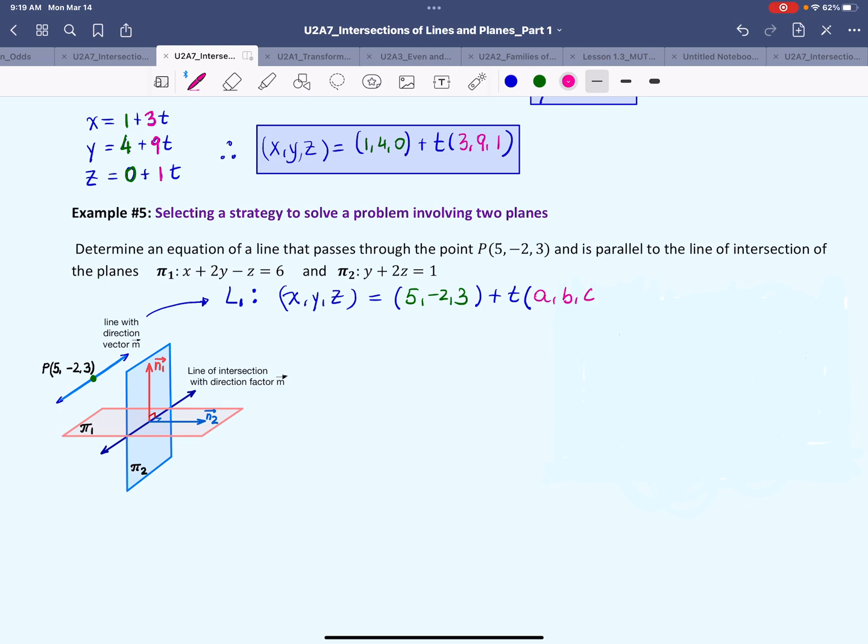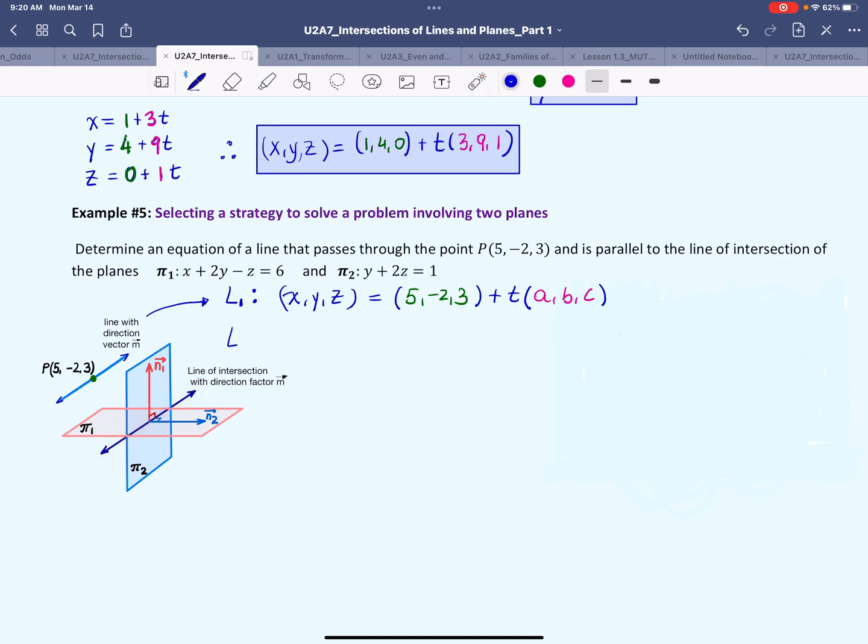And for now, we're going to call them by letters A, B, and C. Now, providing that the line L1 will be parallel to the line of intersection, it would be useful to find the direction vector of the line of intersection.